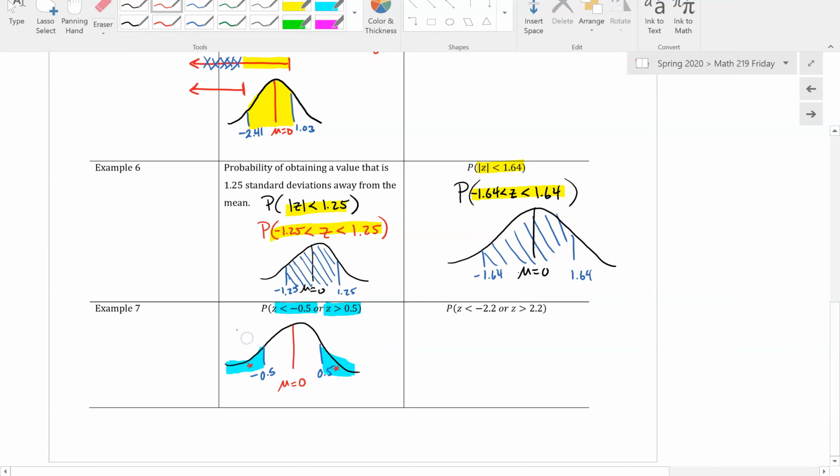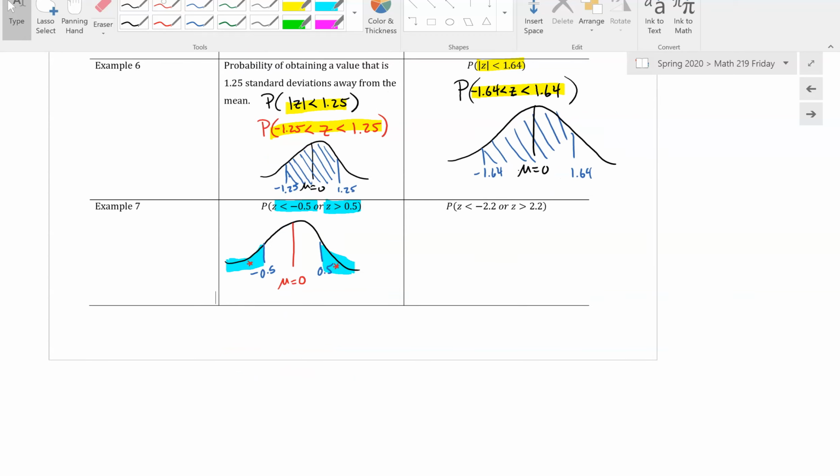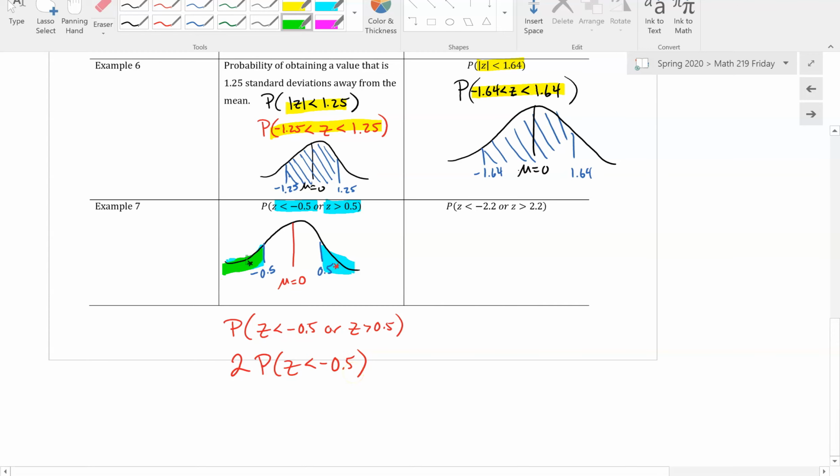So all I'm going to do, and this is what they tell you on the previous page, is just double up the area that is left of negative 0.5. I could just find this area here and double it. And that's going to give me the combined area of those two tails.